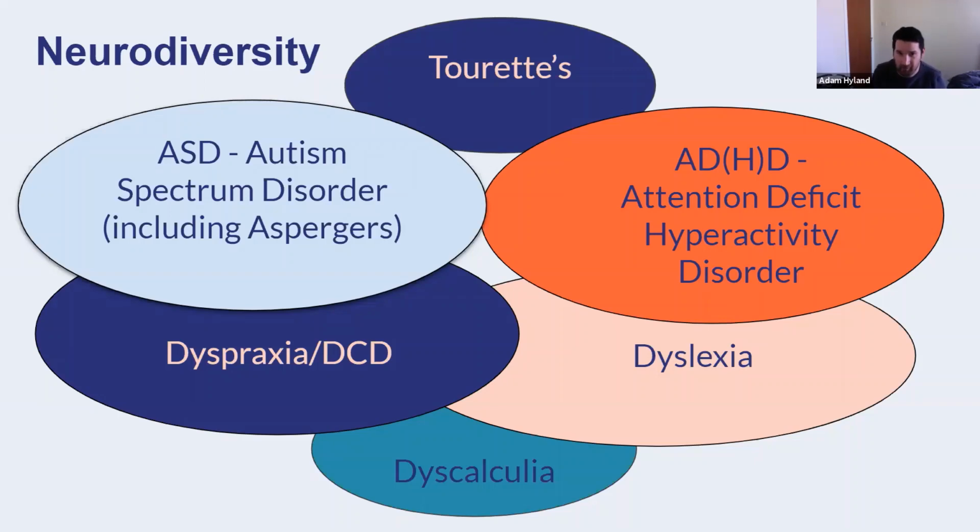The key takeaway here is that everyone thinks and works and lives differently. So we don't need to get caught up in negative diagnosis all the time. We just have to celebrate everybody's neurodiversity.